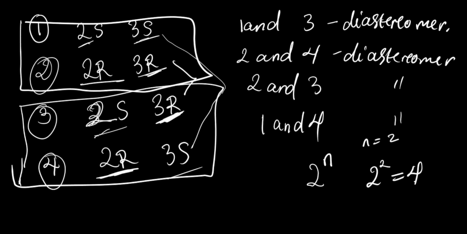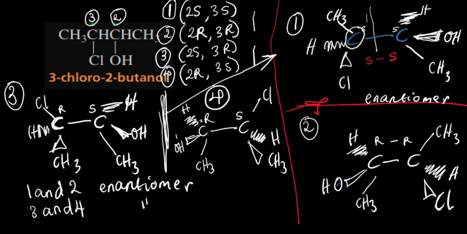Now in naming these compounds, let's go back to what we have here. In naming diastereomers, this compound with the SS configuration would be named with the configuration in parentheses.